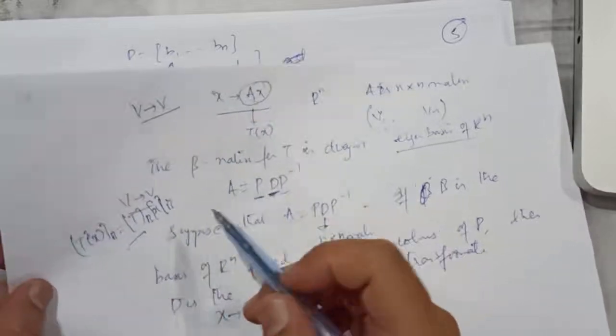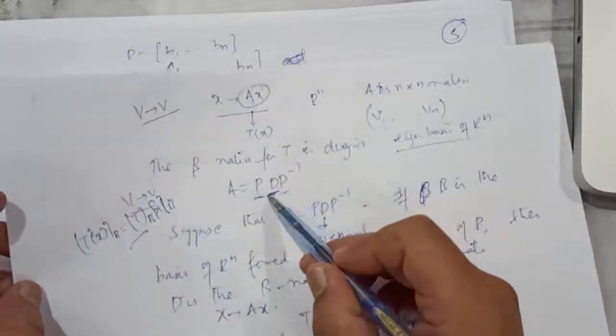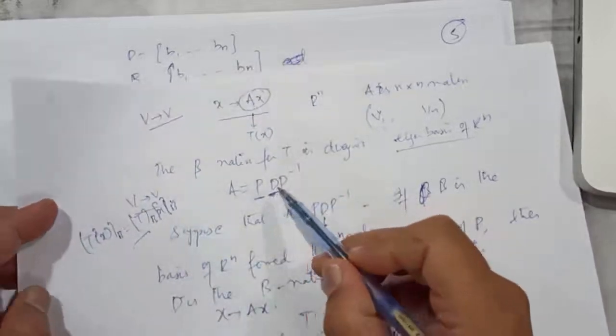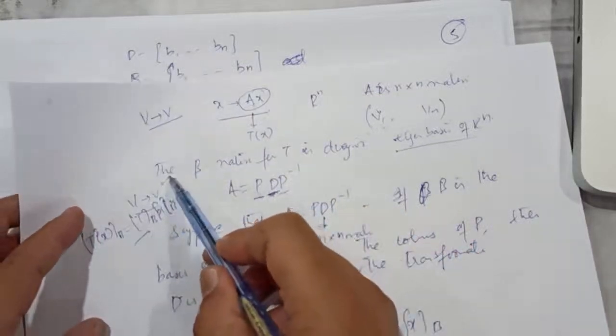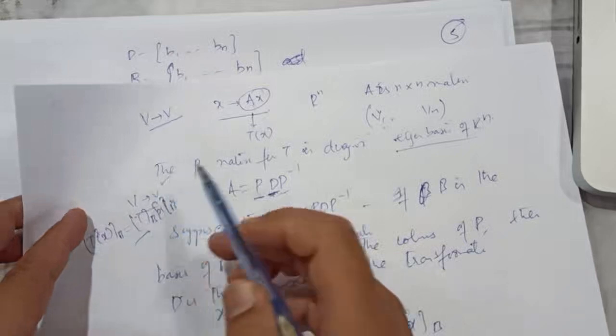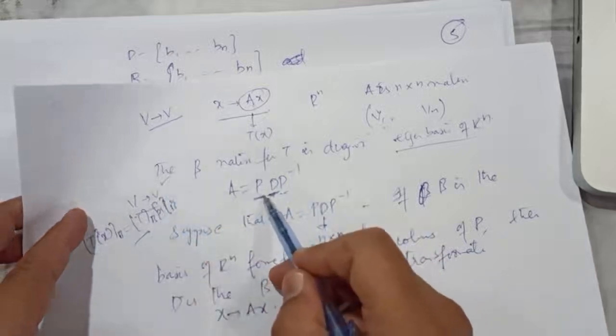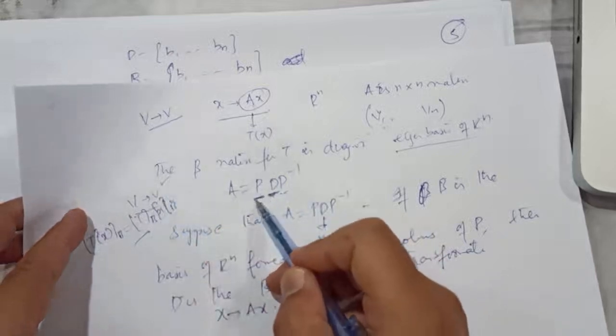If you carry out the similarity transformation, this diagonal matrix is nothing but the beta matrix within the V to V transformation, and P is the change of coordinate matrix from x to x of B.